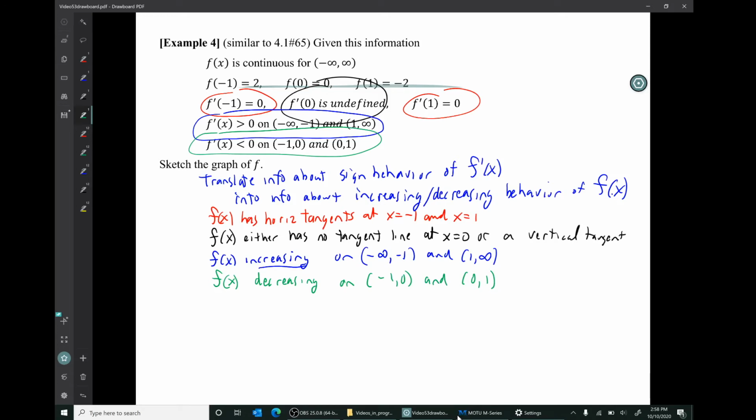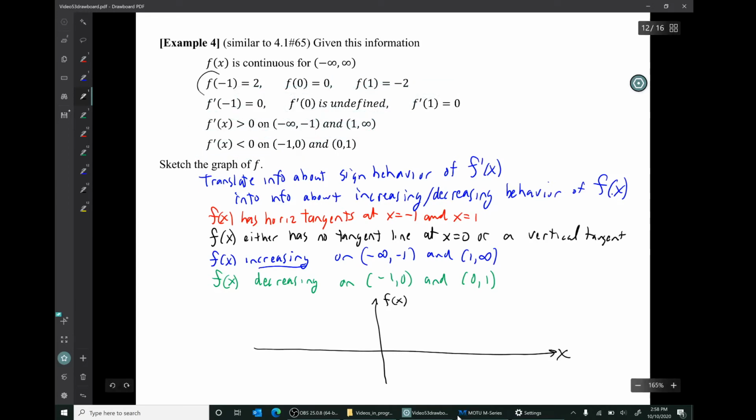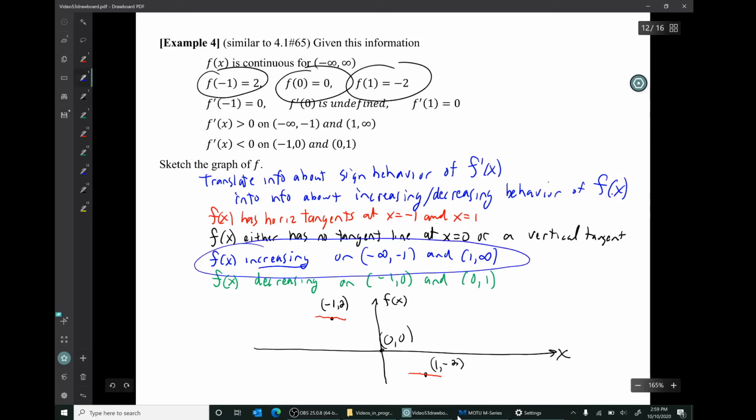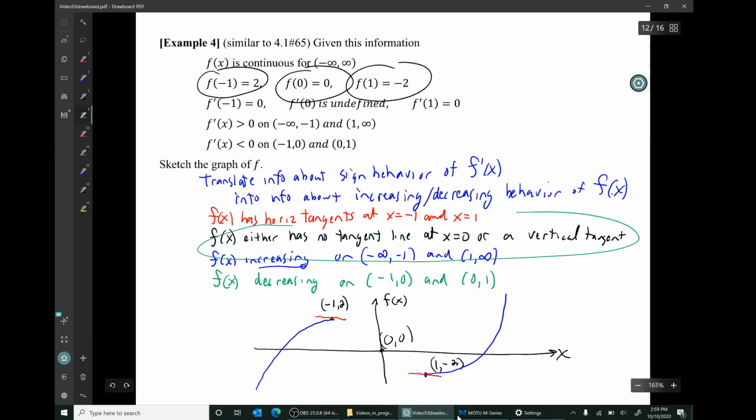Well, let's make a graph that satisfies all these properties. So first of all, these function values, 3 ordered pairs: -1, 2, 0, 0, and 1, -2. Okay, horizontal tangents at x equals -1 and x equals 1. And then the function has to be increasing to the left of -1 and to the right of +1, and decreasing from -1 to 0 and from 0 to 1, but either has to have no tangent line or a vertical tangent at x equals 0.